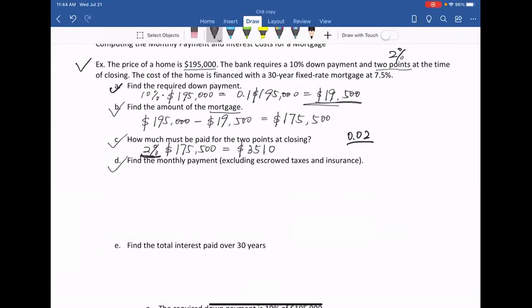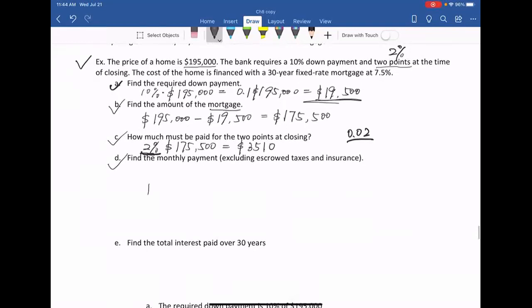Okay, next one, find the monthly payment, PMT. Use the formula, which is P times R over N, divided by parentheses 1 subtract 1 plus R over N to the negative NT, equals, plugging in all the information.